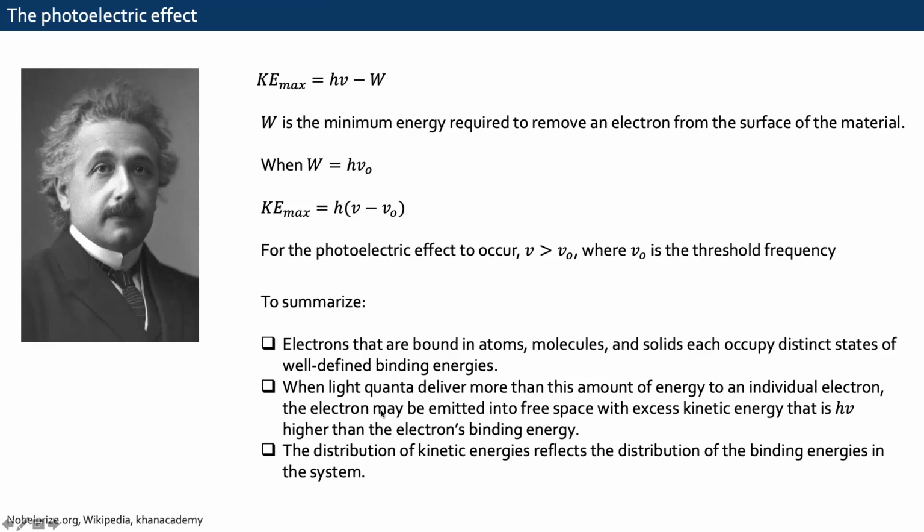This distribution of kinetic energies reflects the distribution of binding energies in the system. The reason I went into the photoelectric effect is because this is basically what the entire XPS, X-ray photoelectron spectroscopy, is based off of. That's why it's such an important piece of theory to understand when you're using XPS.